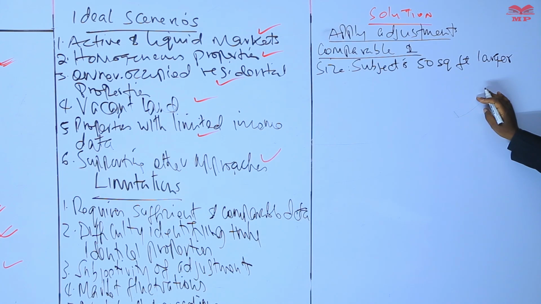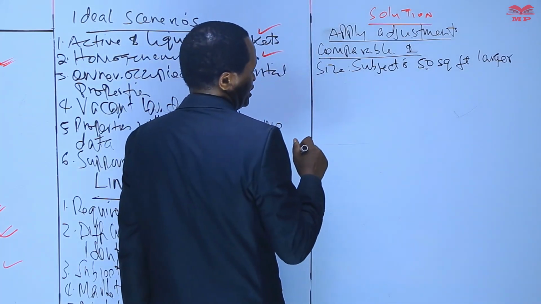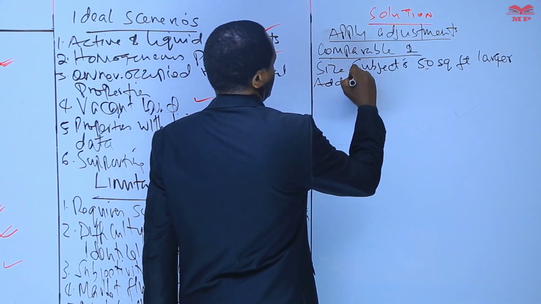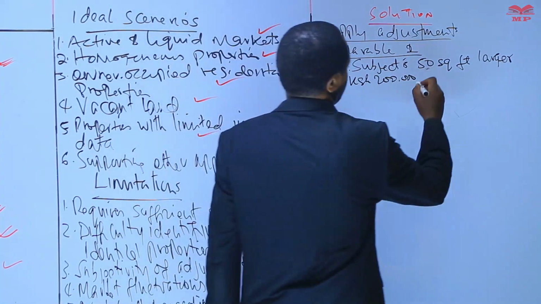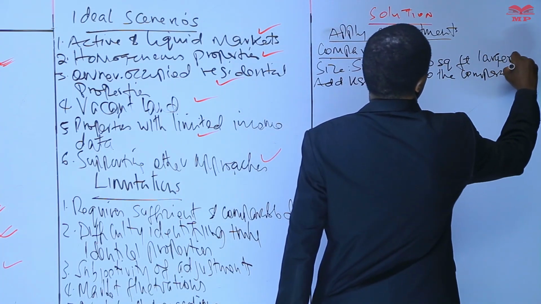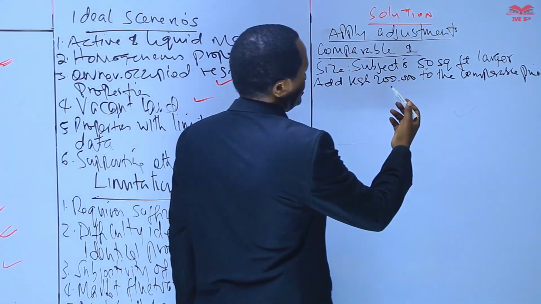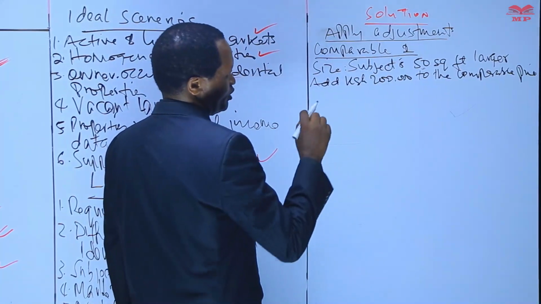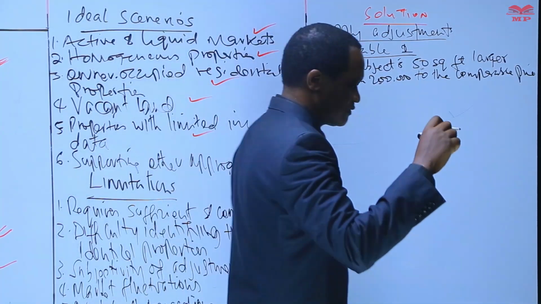So we are going to add the 200,000 shillings to the comparable's price, because it is smaller. The subject is larger. In other words, the comparable is smaller. So if it is smaller, then we add the 200,000 to the comparable's selling price.